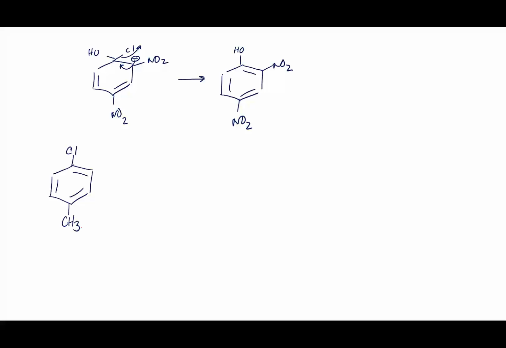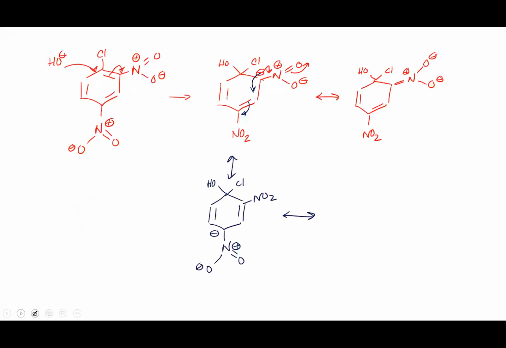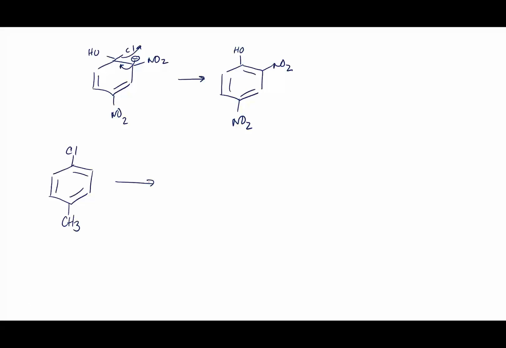Now, because this is not an activated ring, if I wanted to do this reaction, I would need to use something like sodium hydroxide and maybe 350 degrees. I need to apply a lot more energy because this is not an activated ring. Okay, so if I do this, I'm going to substitute the chloride with an OH.